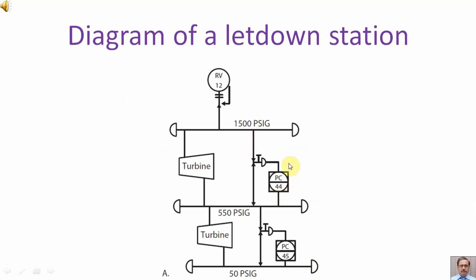Here we can see that with the help of this let-down station, steam of 1500 psig is being brought down to 550 psig, and if further reduction of steam pressure is required, then there is another let-down station which is bringing the 550 psig steam to 50 psig steam.